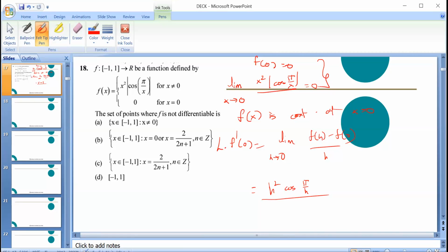Left derivative means f of minus h. Here also minus h. So this will be limit as h approaches 0 minus h cos pi by x.